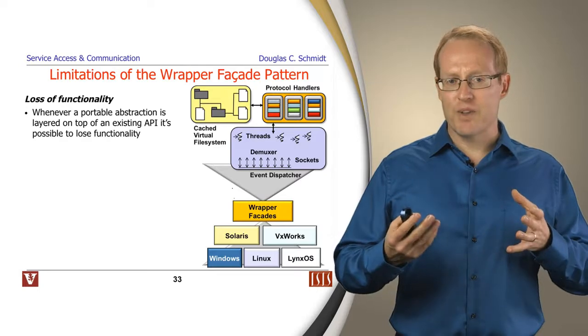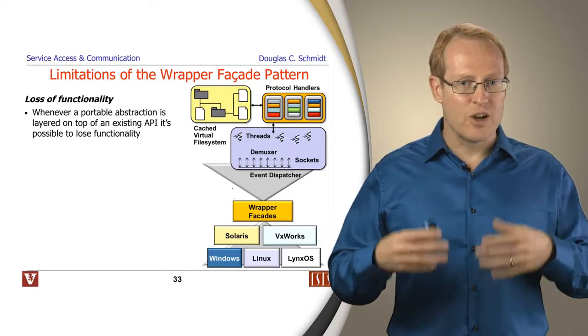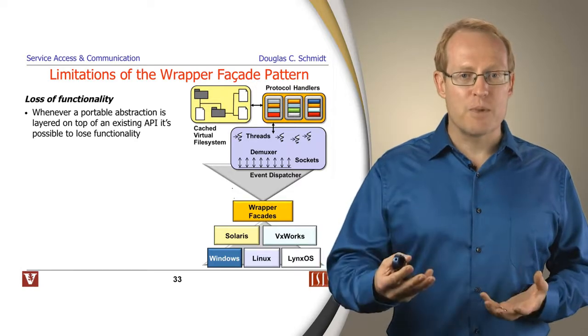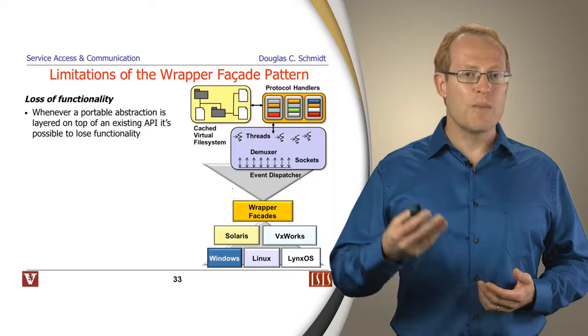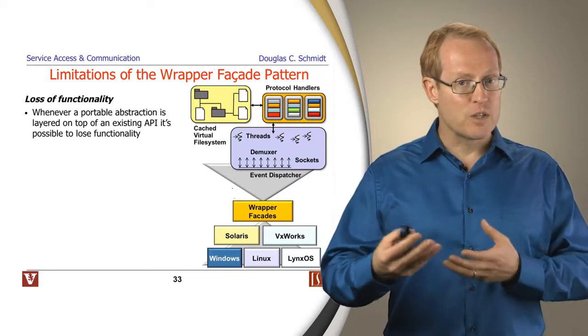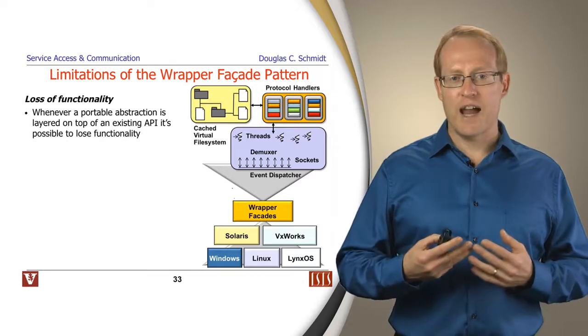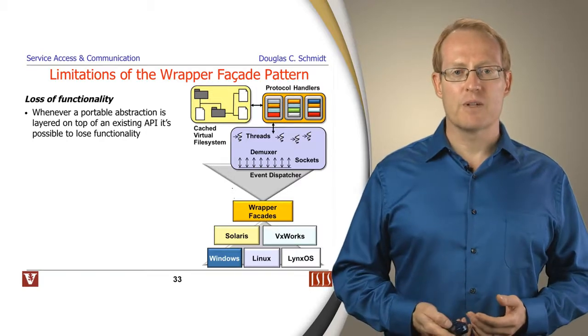And if you try to come up with a wrapper facade that's the intersection of all the portable capabilities in all the operating systems, then certain things by their very nature would be left out. In those cases, you might choose to do some emulation of one synchronization mechanism in terms of other ones that are more portable in order to provide a consistent wrapper facade facility on all the operating environments.